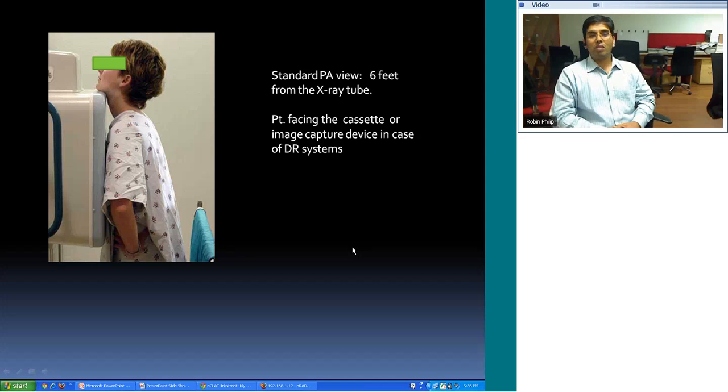Conventionally, we have X-ray films loaded into cassettes, placed in holders, then X-ray exposure, and then it needs to be developed in the dark room. Nowadays it's not that commonly used.